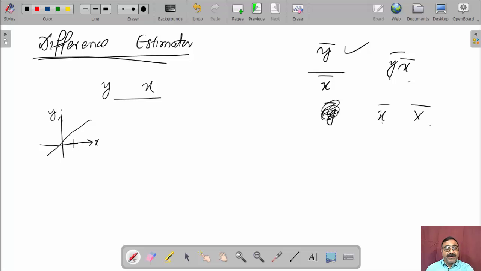It happens frequently that even though the regression of y on x is linear, the regression line does not pass through the origin. Under such conditions, it is more appropriate to use the difference method of estimation than the ratio method.